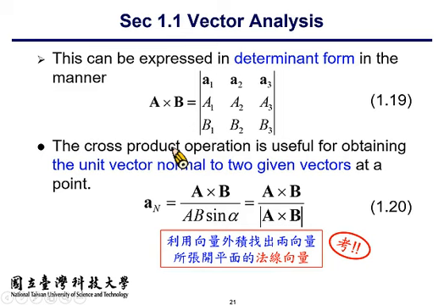And here is the representation to find the normal vector. You can use this property to find the normal vector, because the cross product will be perpendicular to the two vectors involved in the problem.